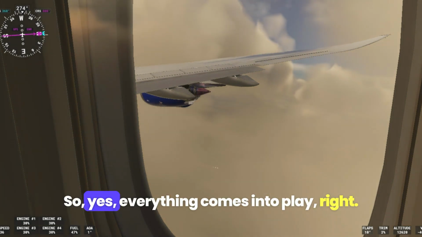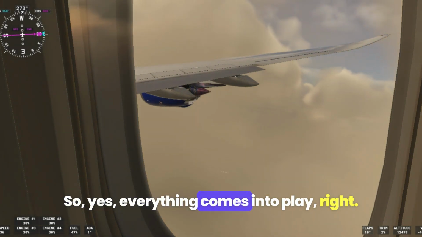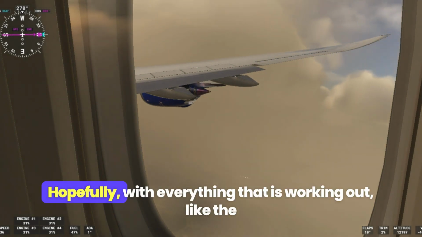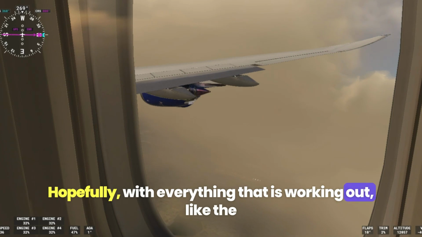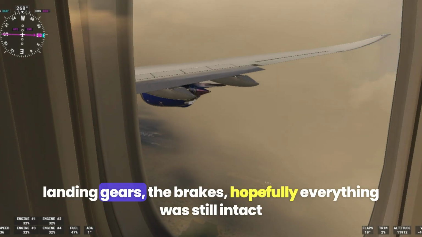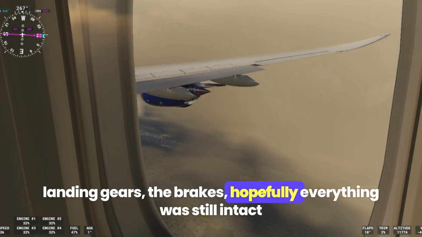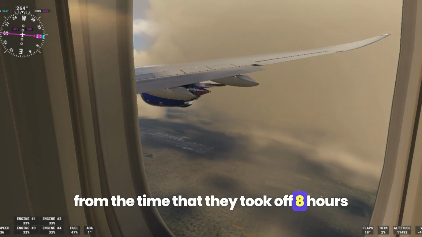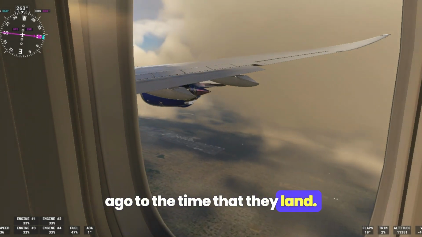So yes, everything comes into play, right? Hopefully, with everything working out, like the landing gears and the brakes, hopefully everything was still intact from the time that they took off 8 hours ago to the time that they landed.